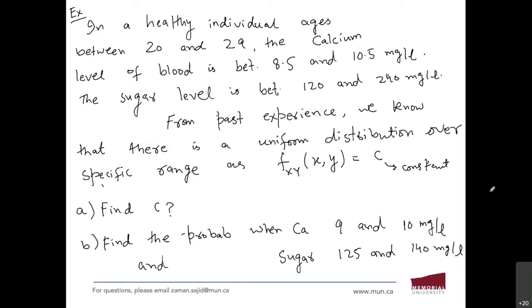So what is our first objective here? We need to find our c value, which is in f of x, y. And the second is we need to find the probability when calcium level is between 9 and 10 and sugar level between 125 and 140. What is the solution of this problem?